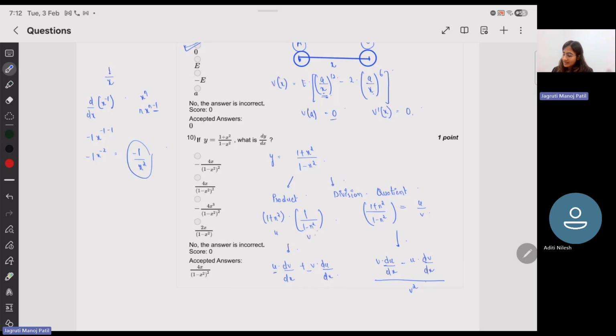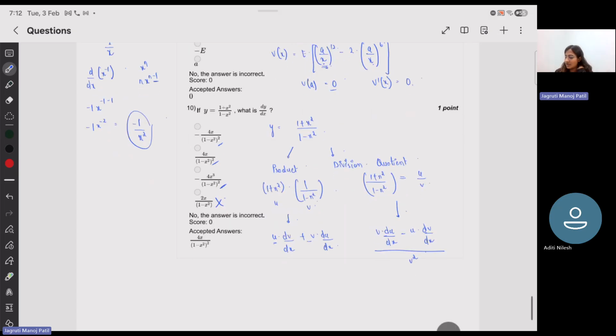Eventually you have 1 minus x square here and here also, so the denominator will have 1 minus x square whole square. To do the rest, you'll have to solve it. There's no other stepping back from it. So either you do a product rule or a division rule, you can solve it.